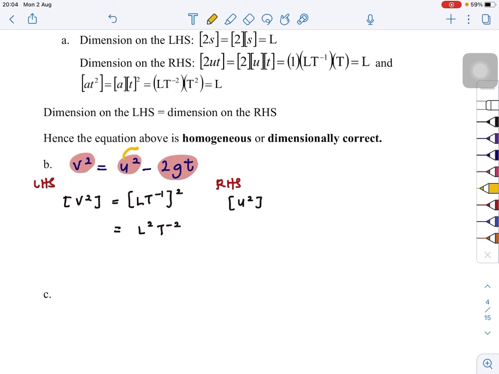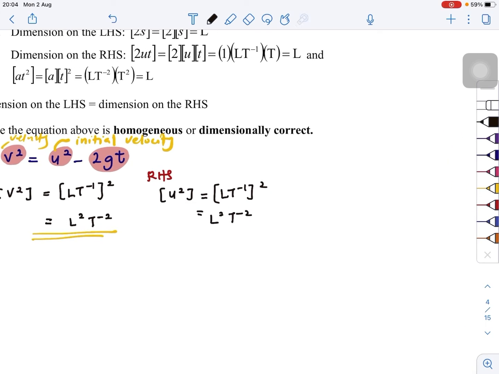Sebab usually U kita bermaksud dia adalah initial velocity. Dia adalah benda yang sama dengan ni, velocity juga. So kalau benda yang sama, should be dia akan dapat jawapan yang sama dengan ni. Dia adalah benda yang sama sahaja. So akan dapat L square T per square.